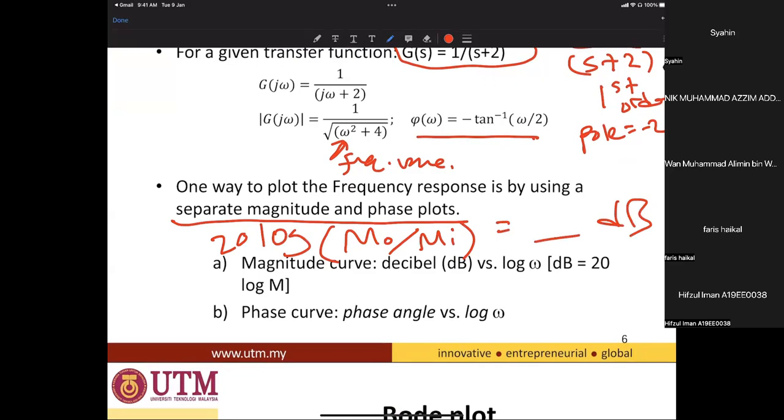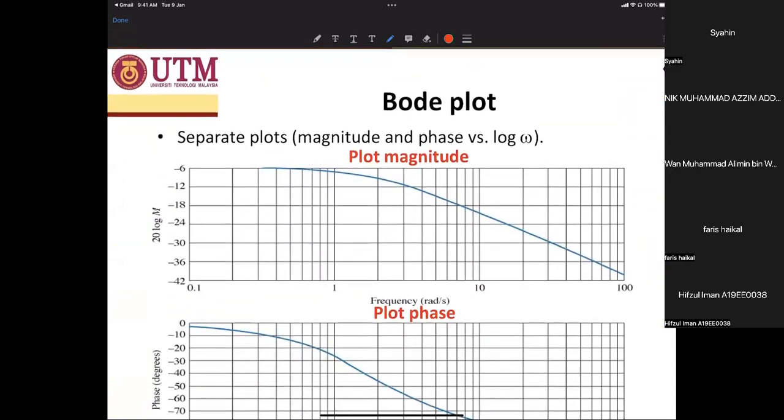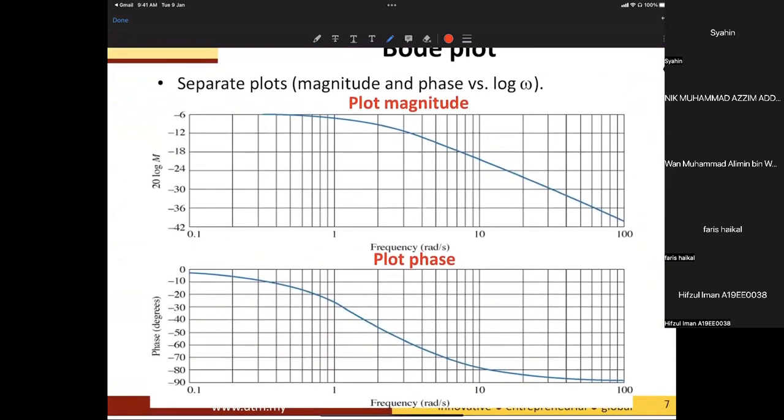Then the phase curve is phase angle versus log frequency, log omega. So we give it as a Bode plot like this. This one is the magnitude plot, in decibels, and this one is the phase plot, which is in degrees.